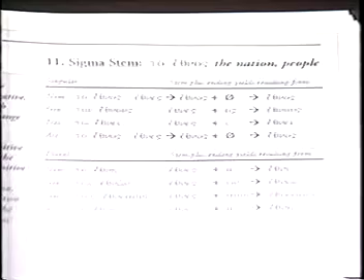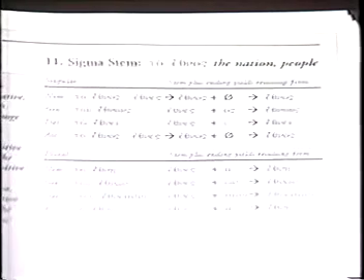On page 2-15, we see a sigma stem. Well, by now you could reason that that means the stem will be ending in a sigma. And our example word here is the word ethnos, meaning nation or people. We get the English word ethnic or ethnicity.